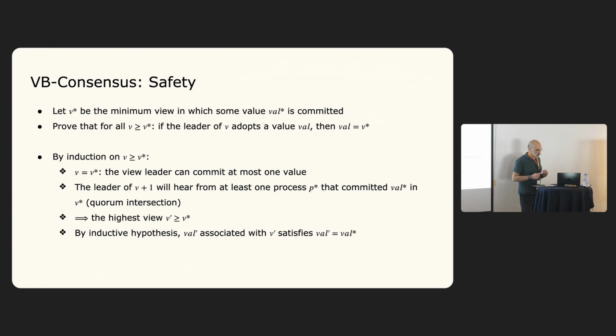Notice that if there is no synchrony, this implementation might not be live, because say a synchronizer may keep changing views, so no one is ever able to collect n minus f responses, and there is no progress. But the minimum we want is that there is safety. So we don't violate safety during asynchrony.